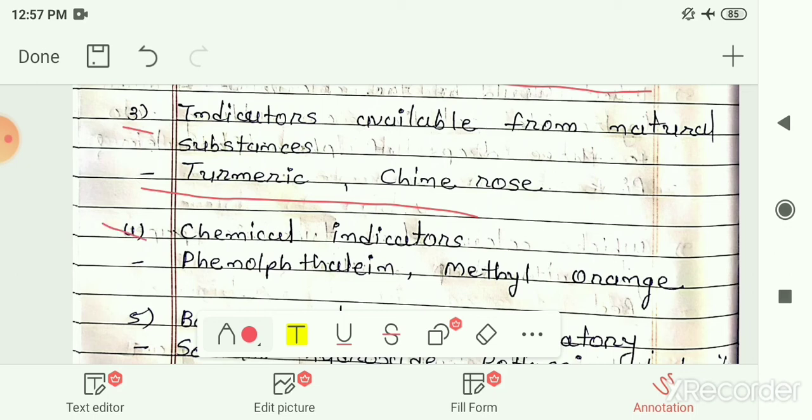Next, fourth number, chemical indicators. Give two examples of chemical indicators. So here the answer is phenolphthalein, and as I previously told you, methyl orange is also a chemical indicator. So these are the two chemical indicators, phenolphthalein and methyl orange.